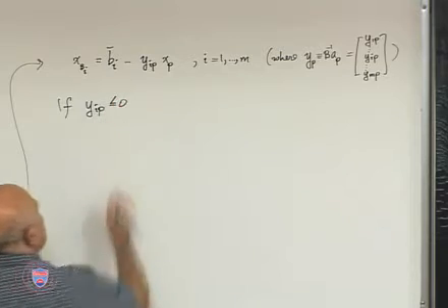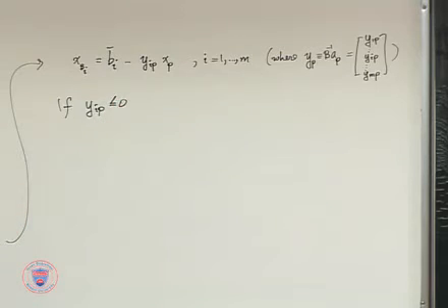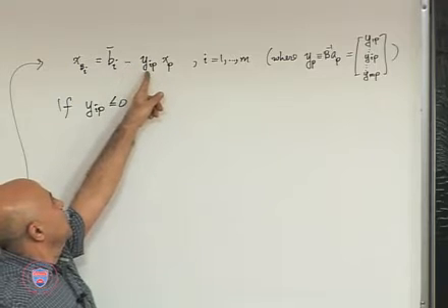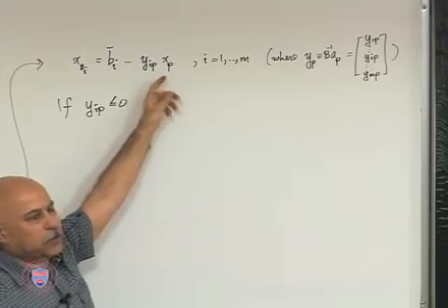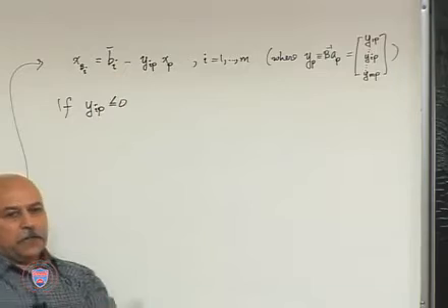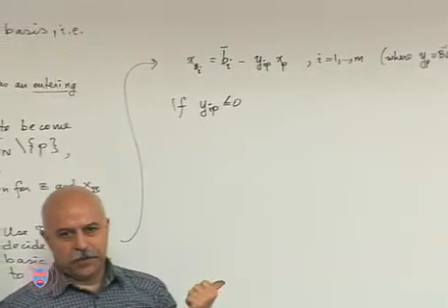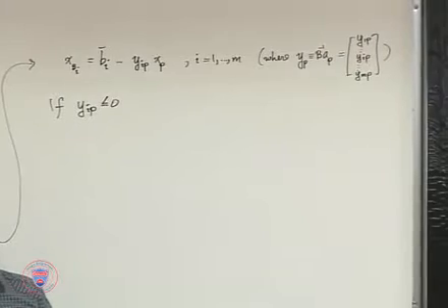Also, if y_ip is less than 0, a negative number with another negative here will make positive. x_p is also positive, so that will make x_Bi go up from its current value. So it used to be non-negative, it will continue to be non-negative.